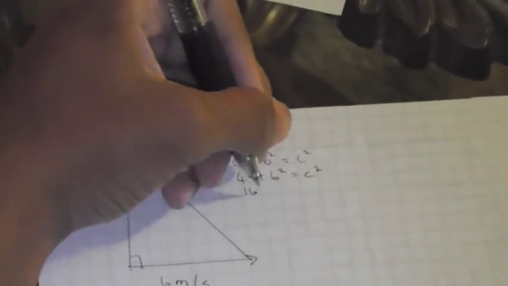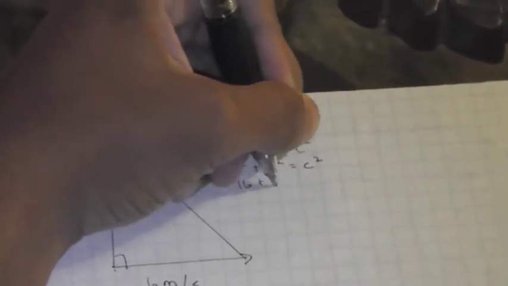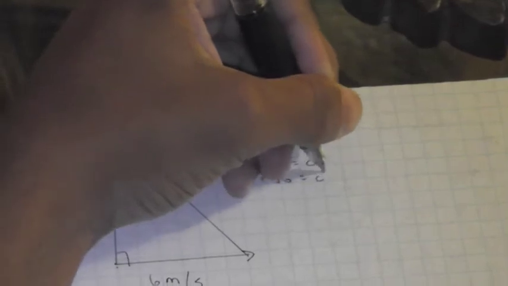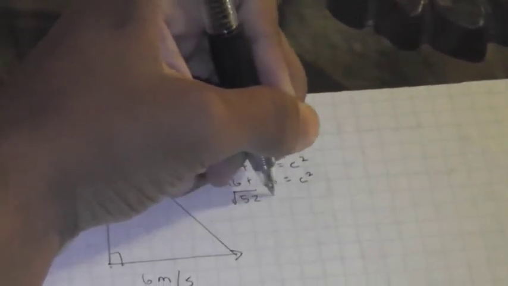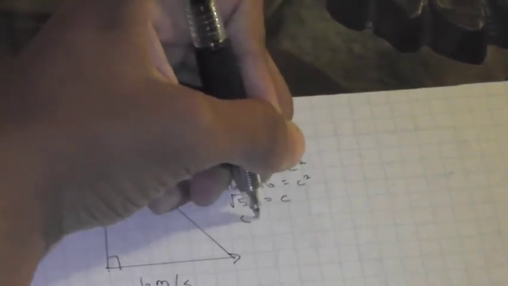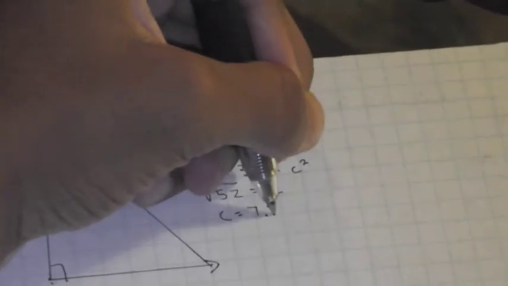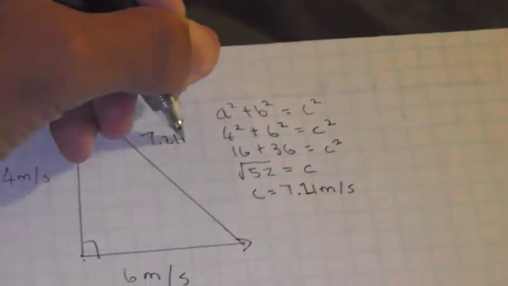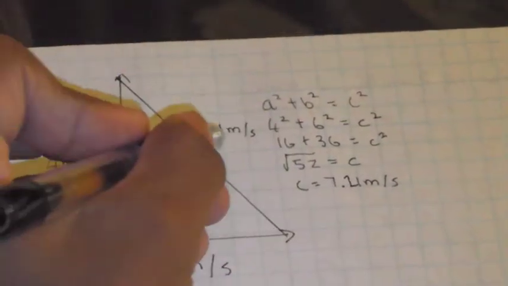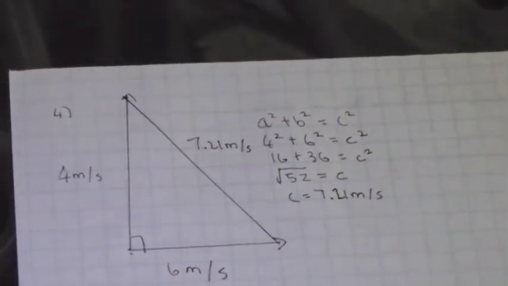And then you add 16 plus 36 equals c squared. You get 52, the square root of 52. And c comes out to be 7.21 meters per second. So that's the launch velocity. Launch velocity is 7.21 meters per second.